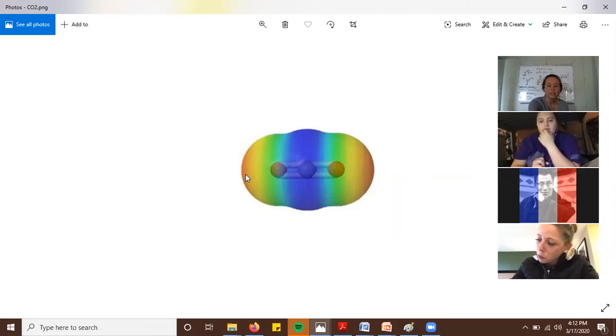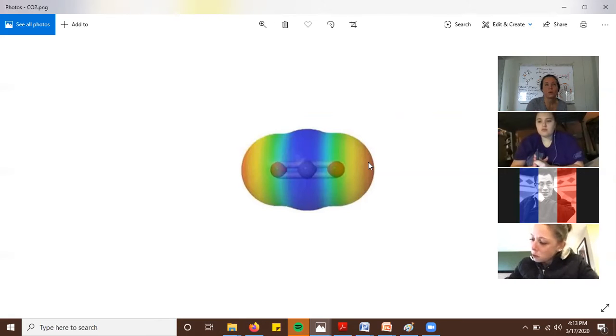So even though there's more electron density on one side, there's also on the other side, and that symmetry cancels out, so there's no one side of the molecule that has more electron density than the other.